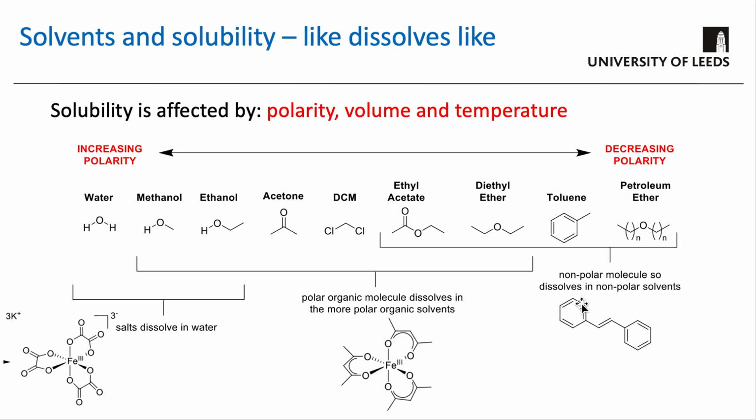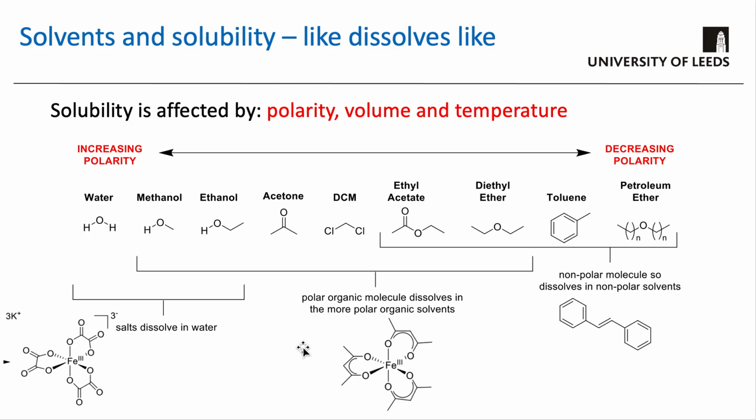So if you have a non-polar molecule that you're trying to dissolve, then these non-polar organic solvents are the types of solvents that it will dissolve in. They'll have van der Waals type interactions between the molecules, so they'll happily mix together.